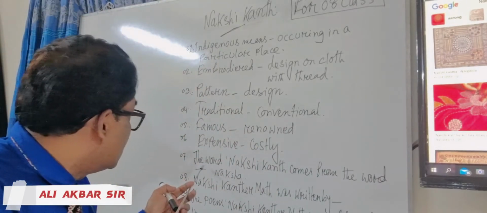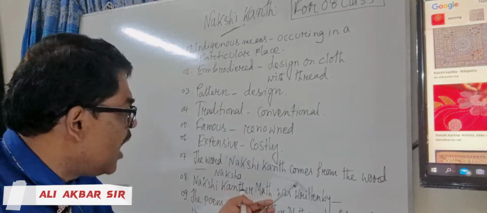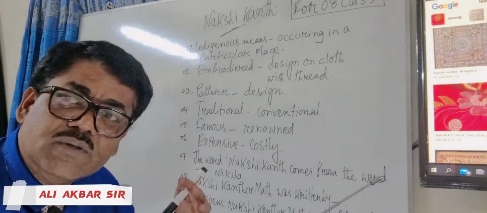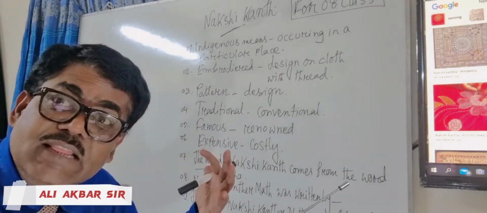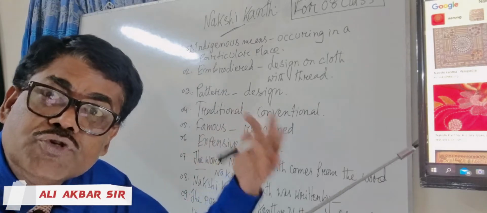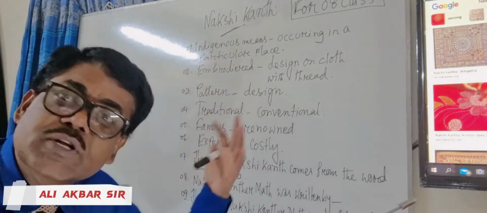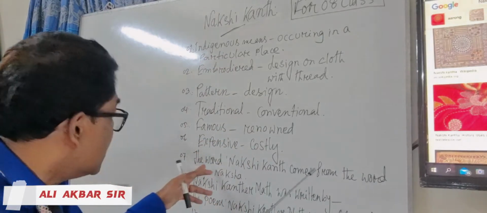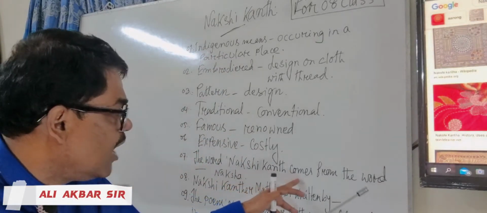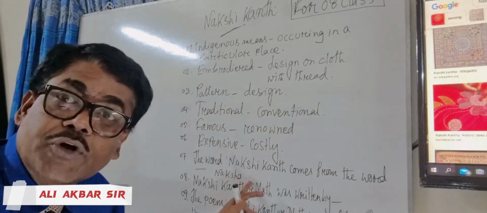Students, this is a kind of fill in the blanks question. অর্থাৎ শূন্যস্থান পূরণের মাধ্যমে তোমাদের কিছু প্রশ্ন থাকে, যেমনটি করে থাকে ওয়ার্ড মিনিংয়ে. The word Nakshi kantha comes from the word naksha.